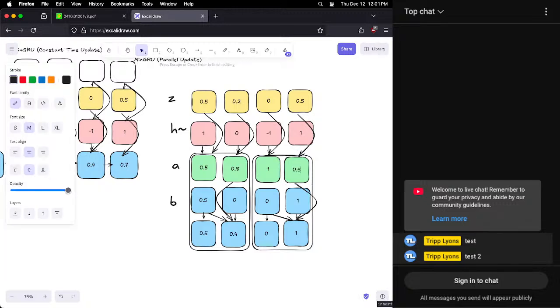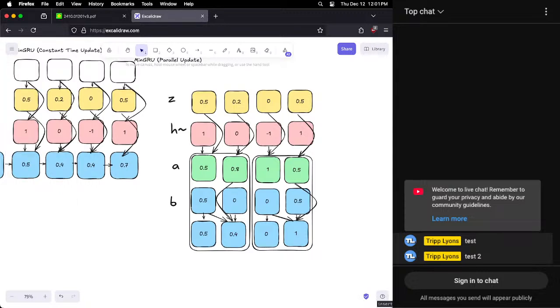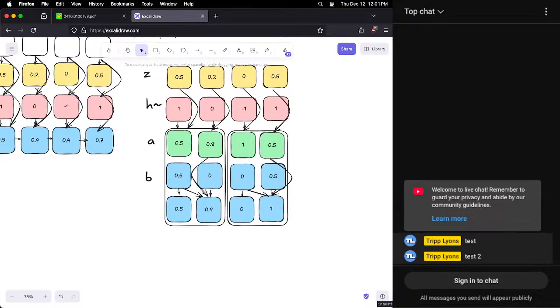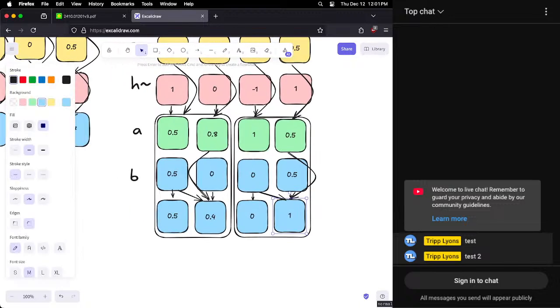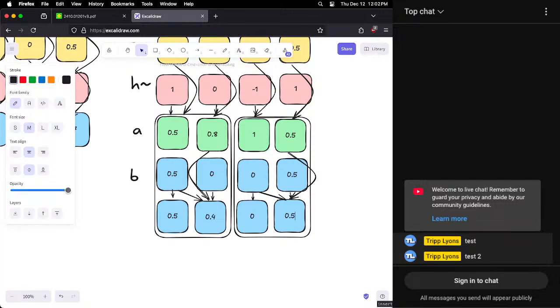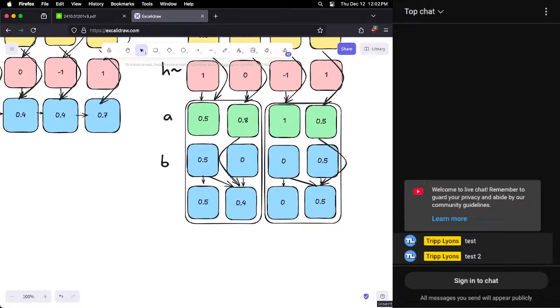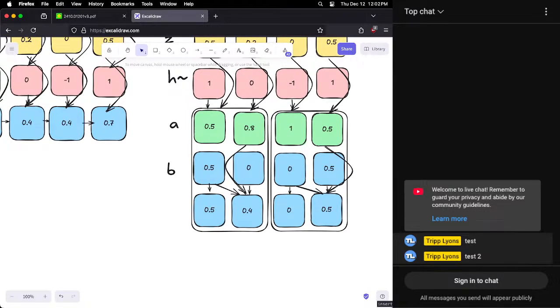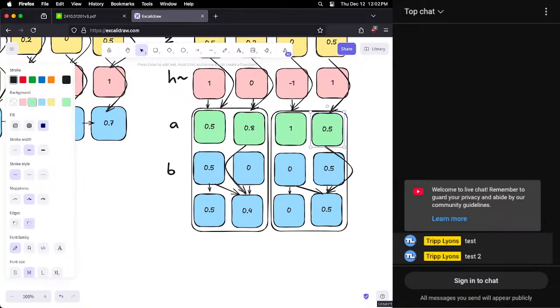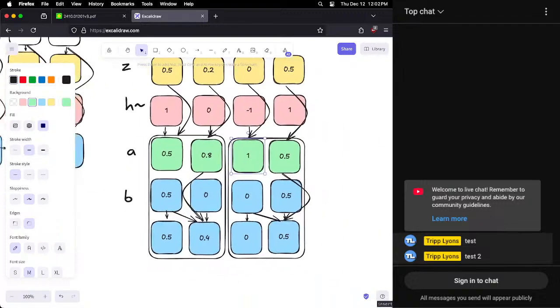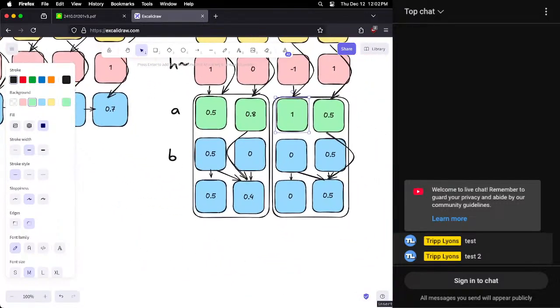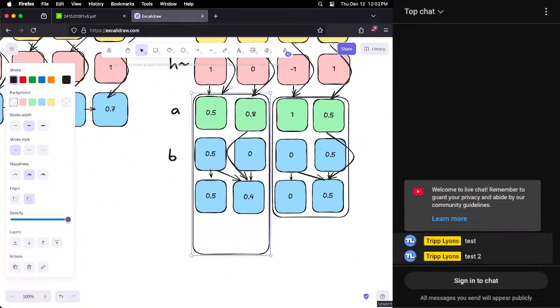This becomes 0.5. This becomes 0.5. Okay. Got it. So this is 0. We have 0 times 0.5 plus 0.5. Becomes 0.5. Okay, now I think we have to update the A's. Let me think. This is also not a good example of the 1 here. But I guess I'll just run through this example anyways.